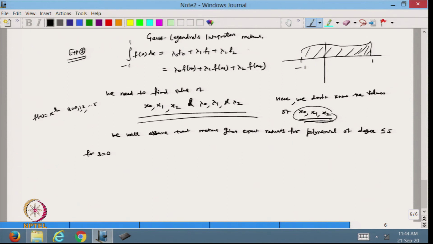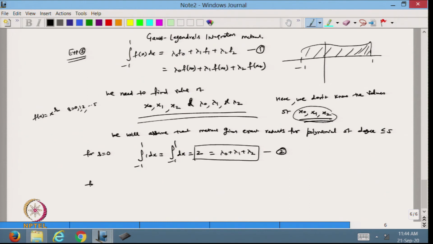So, I can write that this will become integral minus 1 to 1 of 1 dx, and that value will be 2. And on the right hand side I will get lambda naught plus lambda 1 plus lambda 2. So, that is my first equation.